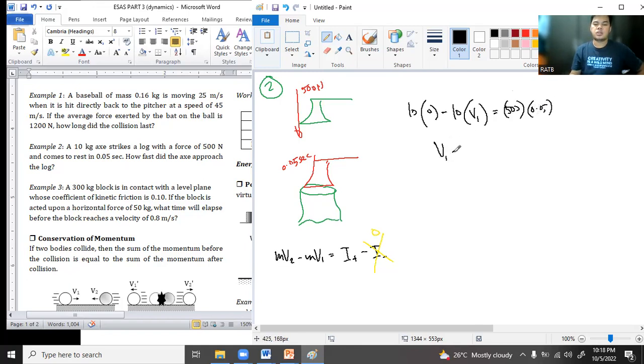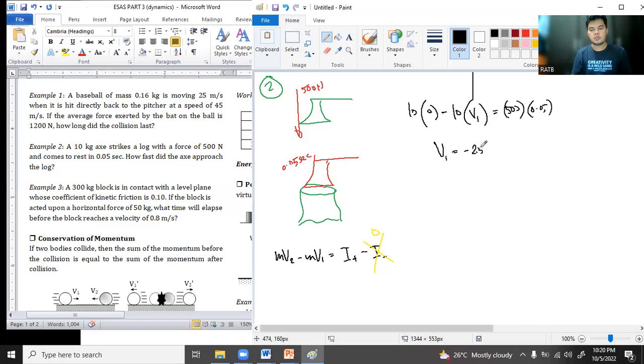So leaving as V1, that is equal to, so we have V1 equals to, so V1 would be a negative, no?